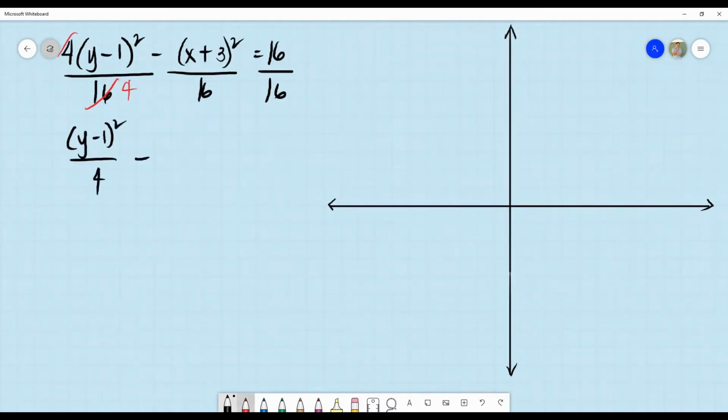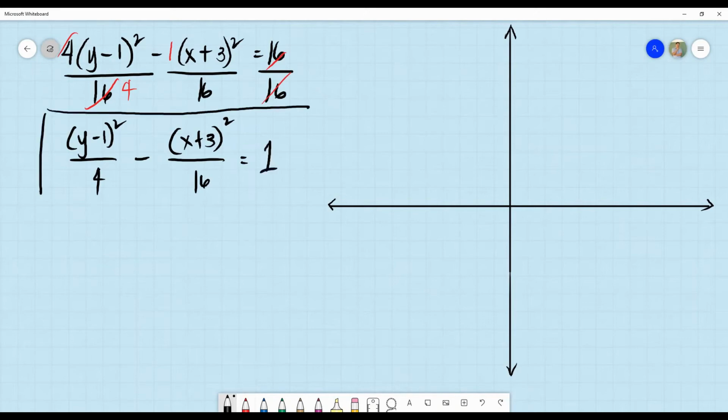Minus, since we only have 1 here, and 16 divided by 1 is 16, we will just retain this term. So we will have (x plus 3) squared over 16. And of course, when we divide 16 by 16, the answer will be 1. So this is now the standard form of our hyperbola.